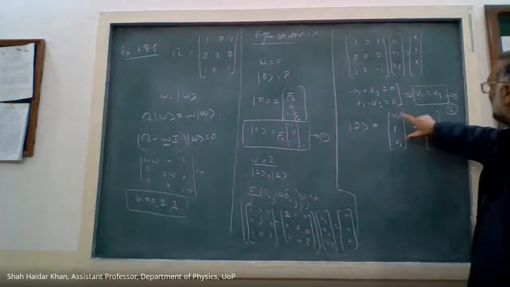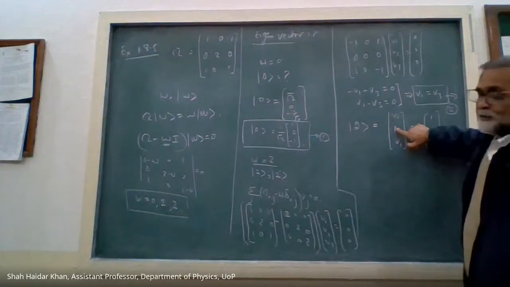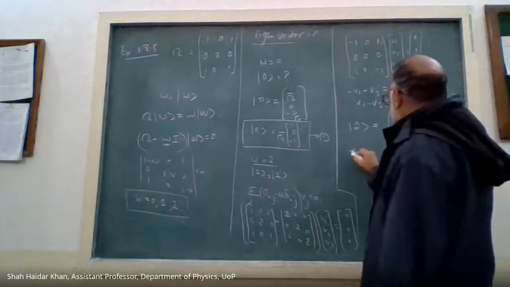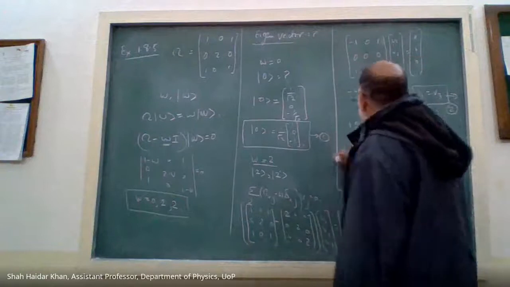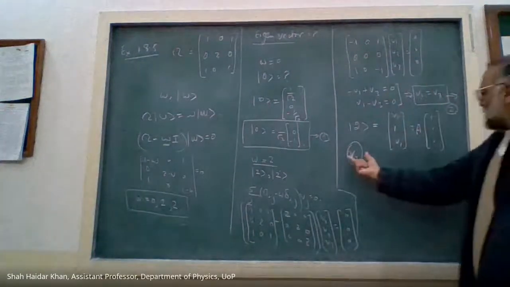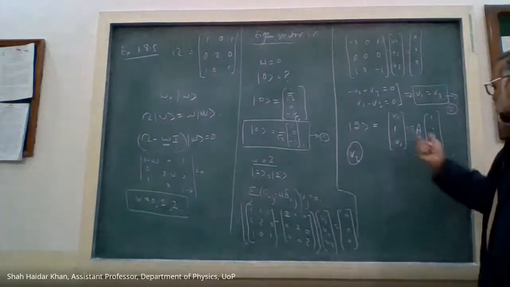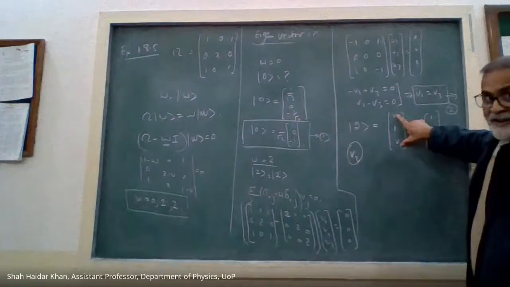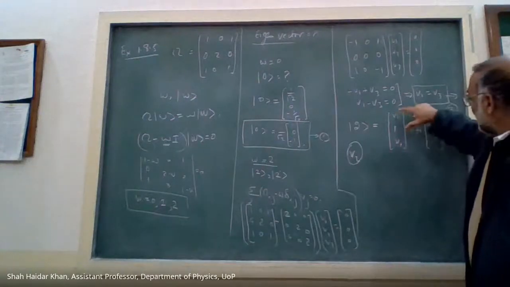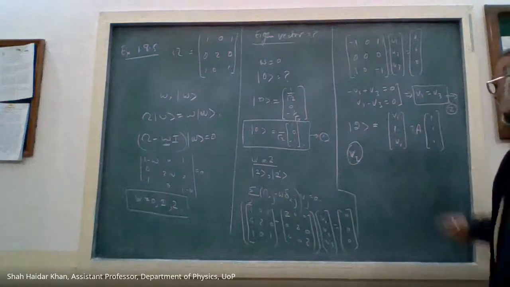We got this condition by choice. We are free to put V2 to any number, but this condition should be there: the first element and the third element must be the same.